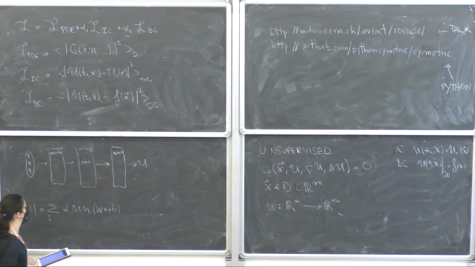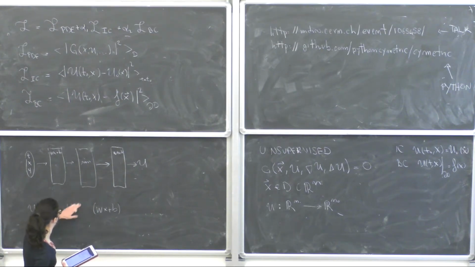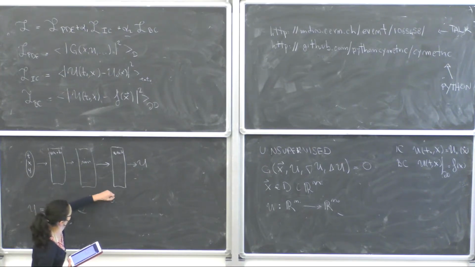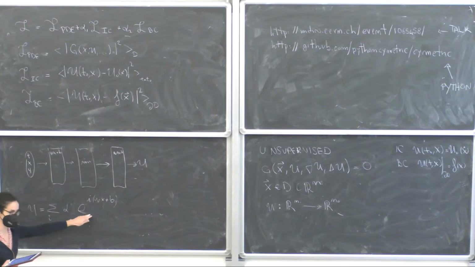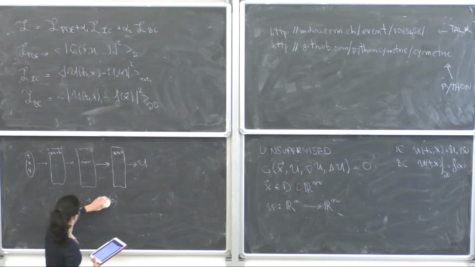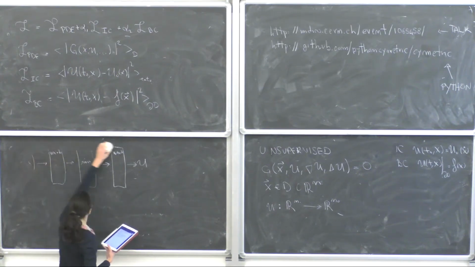Exactly, yes. But in principle you can also use e to the i(omega x plus b). If you use a single-layer neural network, this is nothing but a Fourier transform, and everyone is happy because everyone can understand the output of this horrible thing.